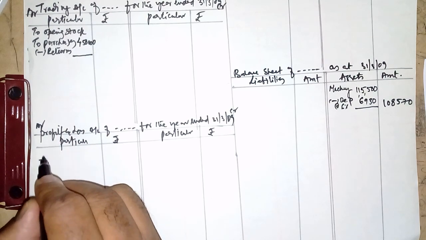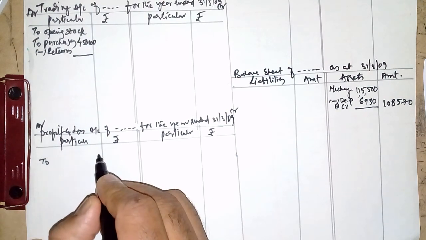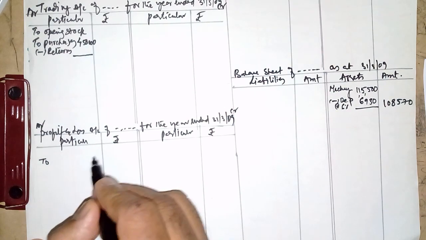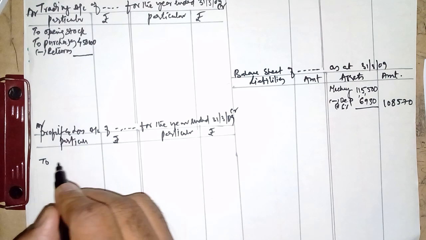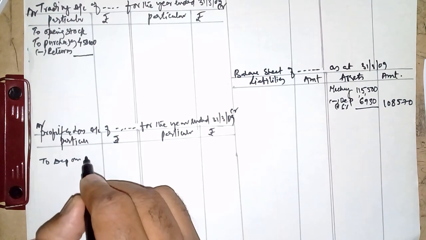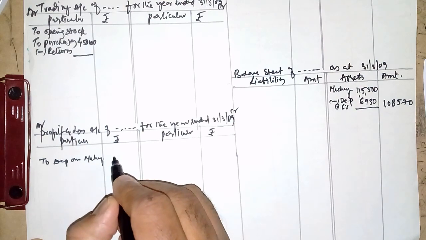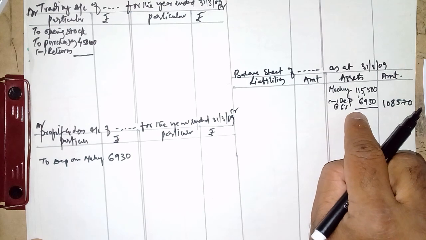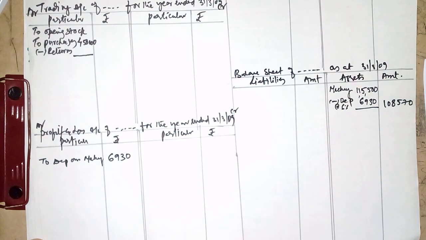So leave one entry place and then you write down, because if it is gross loss, we need to write here. So we need to leave the one entry place, then write down depreciation on machinery. So that is 6,930. Only the depreciation value we need to write. Clear?